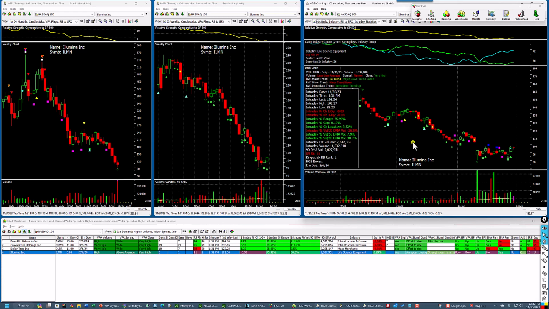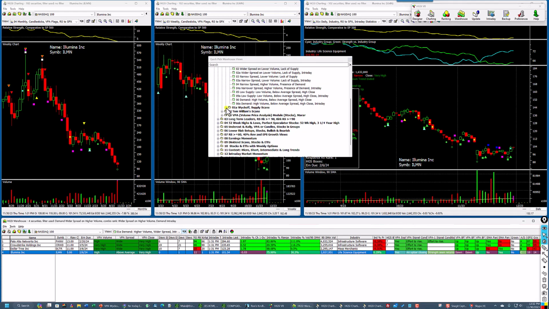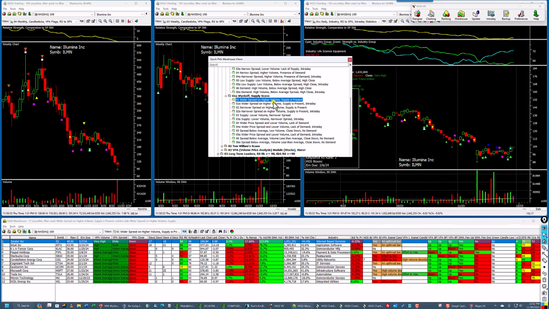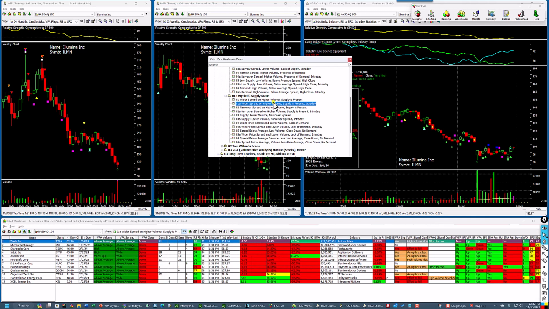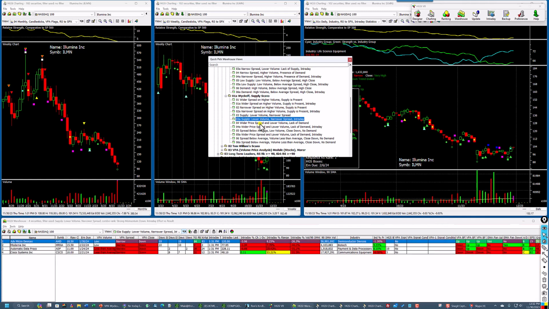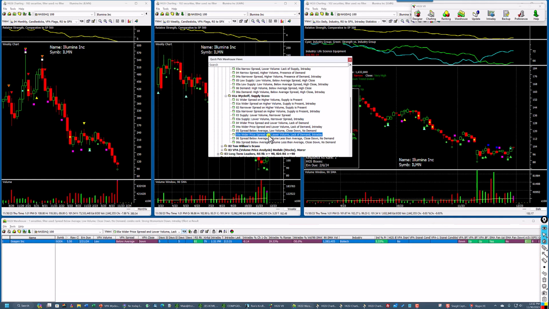Now there are a bunch of supply side scans too. I primarily focus on the demand side looking for long trades, but there are supply scans also. You can see there are not nearly as many of them passing these filters.